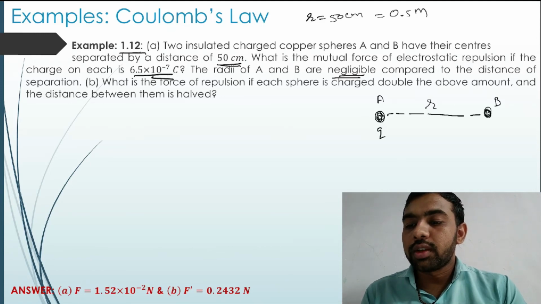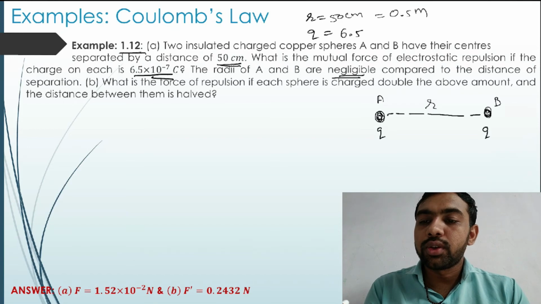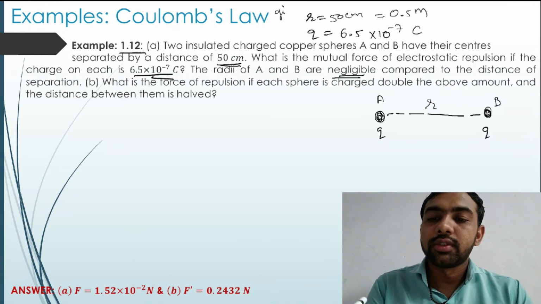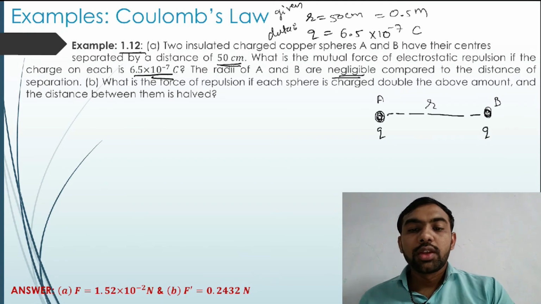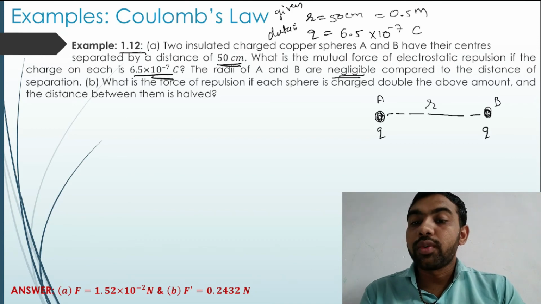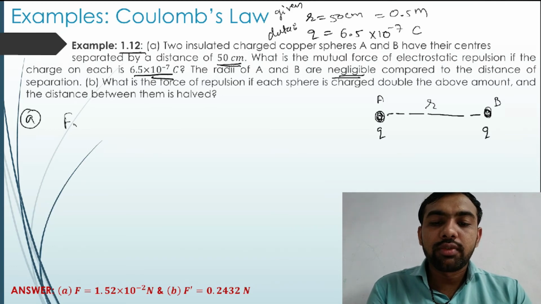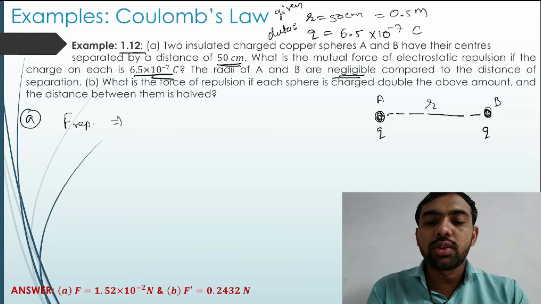The charge on both spheres is the same. Consider this Q and Q. So Q is equal to 6.5 into 10 raised to minus 7 coulomb. So that is the given data. We have to find the repulsive force. So use Coulomb's law.